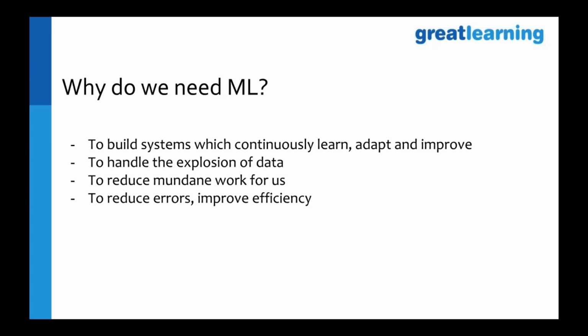And coming to the last point, it is to reduce errors and improve efficiency. So all said and done, human beings in general are more creative than machines, right? Human beings have this creative angle in their brain. A part of their brain is about creativity, the other is about solving and thinking and calculation and all of that. So we have that angle in it.